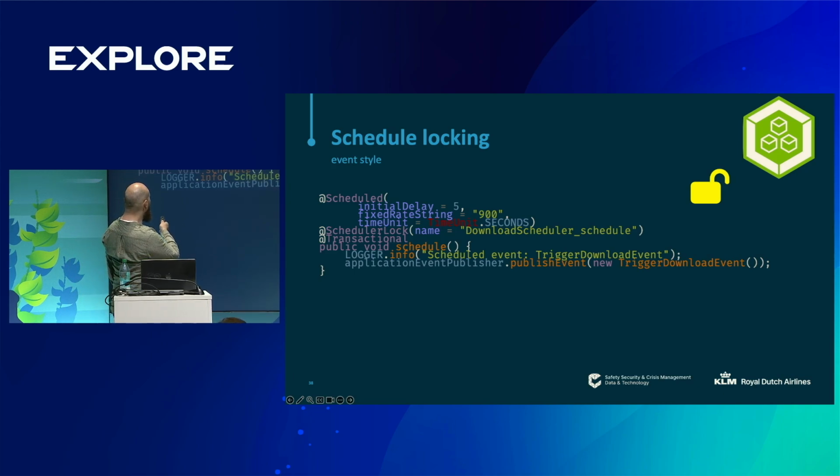Because all this method is doing is triggering a download event. That lock is only ever going to be milliseconds long. So yes, we'd locked this method, but we were locking it for milliseconds. And if those two nodes were just milliseconds off, then they would independently trigger their own event downloads for the different providers.